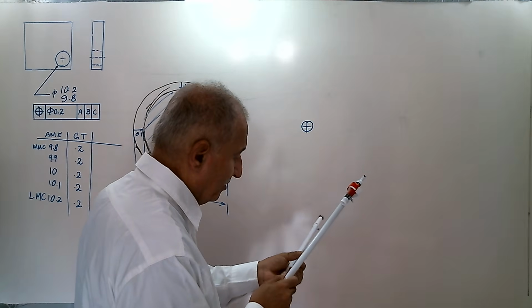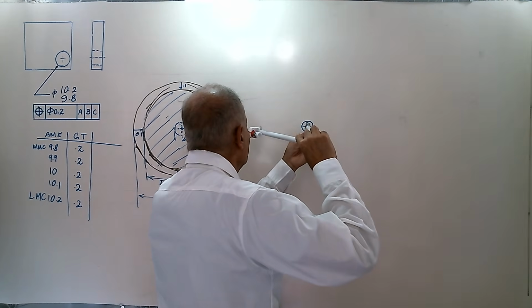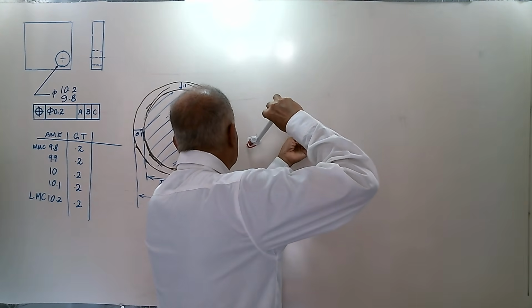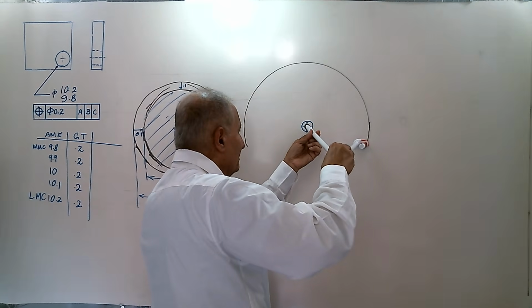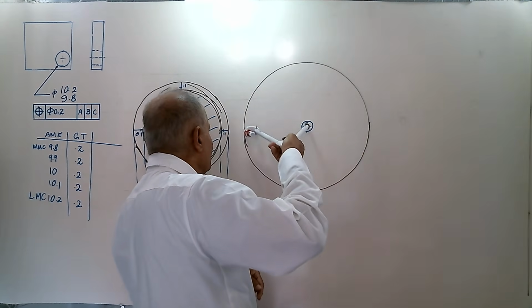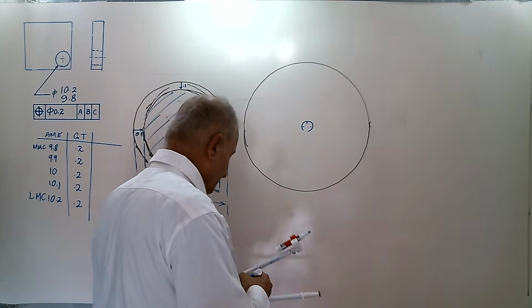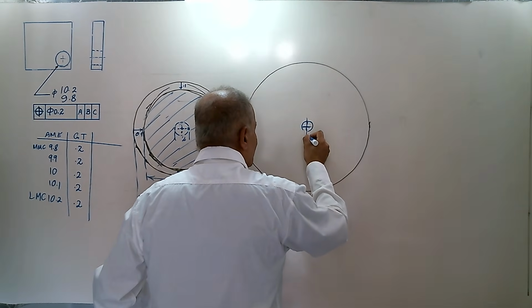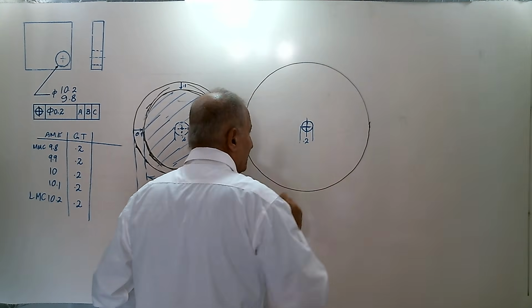Let's make it larger because it is 10.2. This is the ideal position of the hole. But we know that producing this one is not possible. We have a 0.2 error.